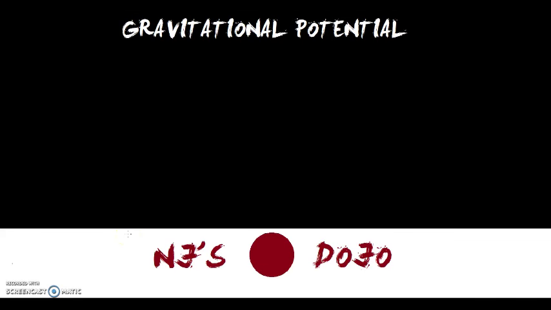Okay, now that we've covered Newton's law of gravity, another important topic we have to discuss in order to understand gravity is gravitational potential. And just like any other energy type, potential energy is the storing of energy for later use. This holds the same for gravitational potential.